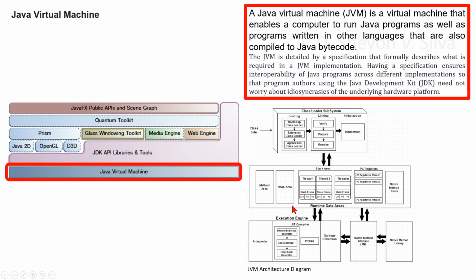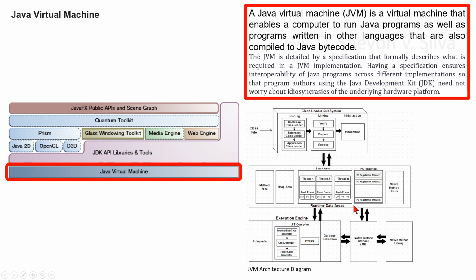Heap area: all the objects and their corresponding instance variables and arrays will be stored here. There is also one heap area per JVM. Since the method and heap areas share memory for multiple threads, the data stored is not thread safe.